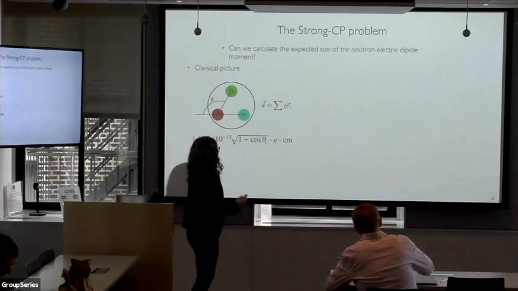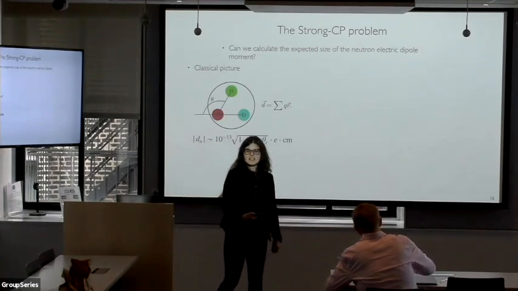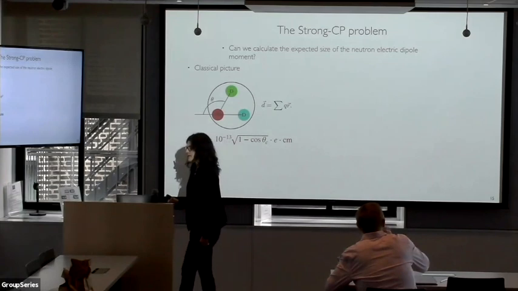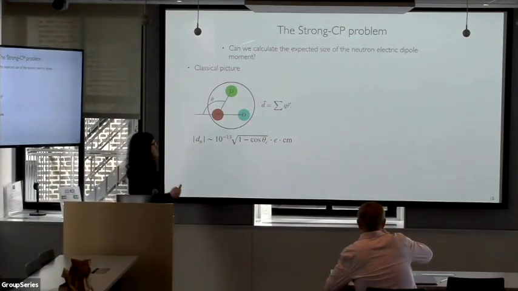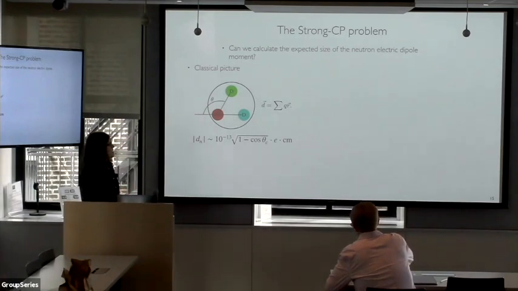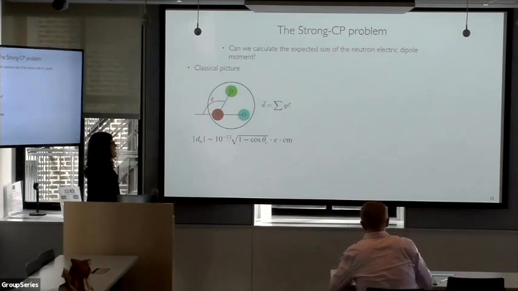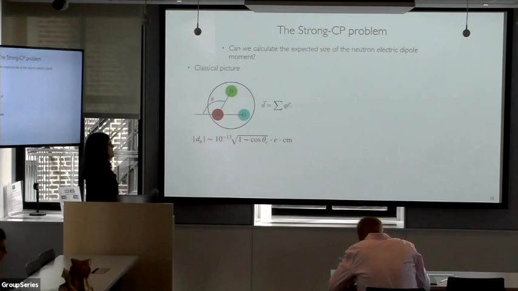You can try to do an estimate of what is the size of the expected dipole moment of the neutron. And for this, I'll do a cartoon picture where you can think of a neutron as just a ball of quarks. This is not what it actually is, but it serves the purpose.